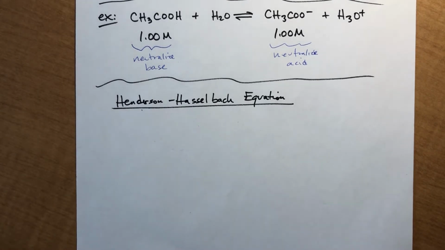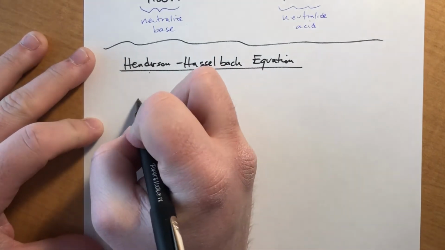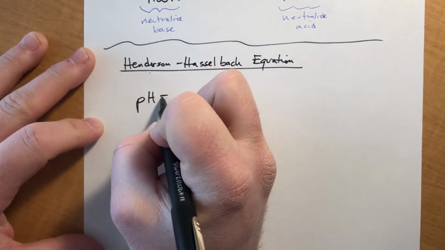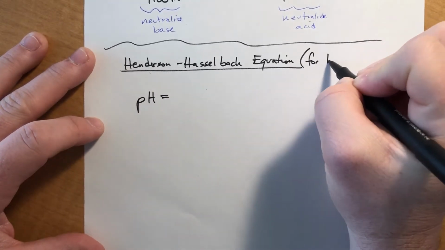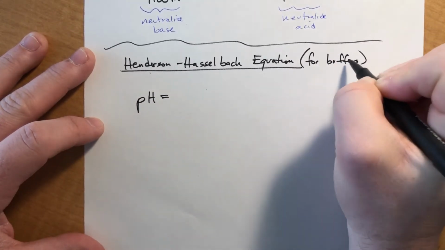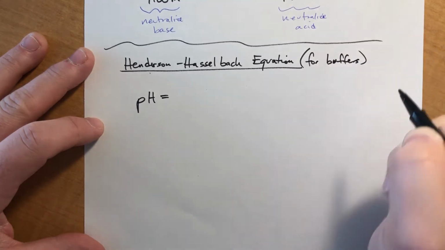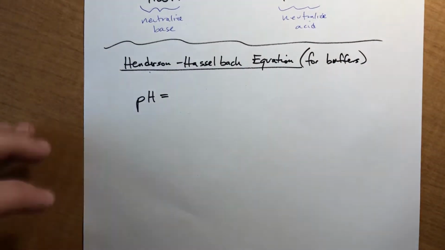I have no idea. But the equation is this. The pH of a buffer, so this only works for buffers. If it's not a buffer, this equation is completely useless and you can't use it. But buffers come up a lot, so we probably should learn this one.